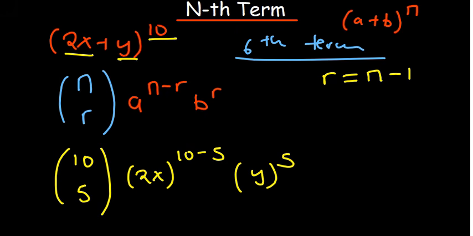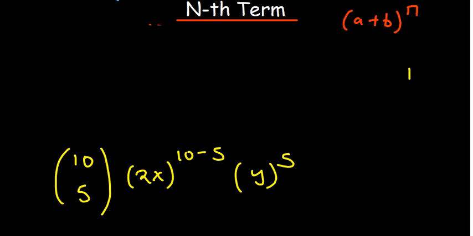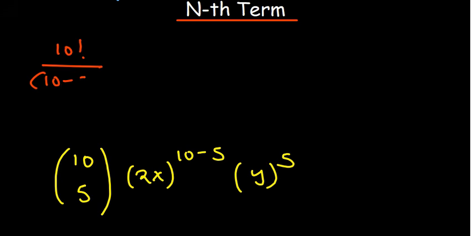Okay, so at this point I understand it's not a struggle for you to basically simplify that, because I've already explained what 10 choose 5 means, or 10 combination 5. So if calculators are allowed, that's even easier for you. But in case where calculators are not allowed, we said it's 10 factorial over the difference 10 minus 5 factorial and then 5 factorial.